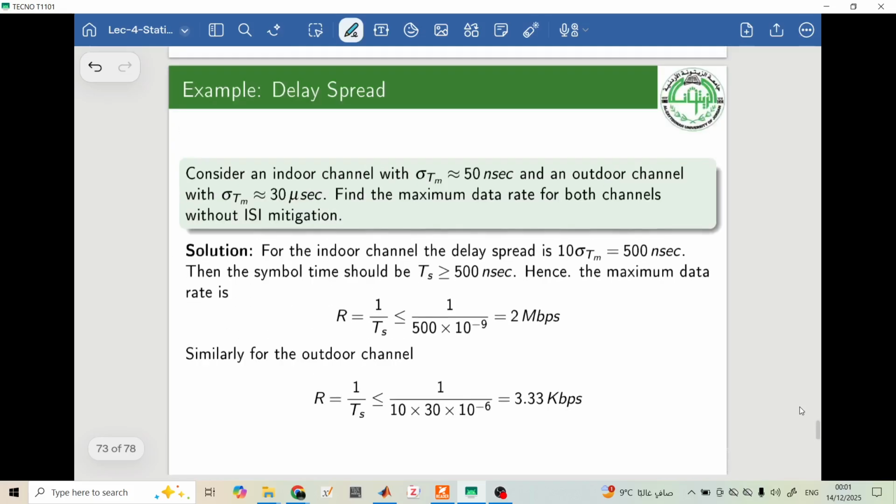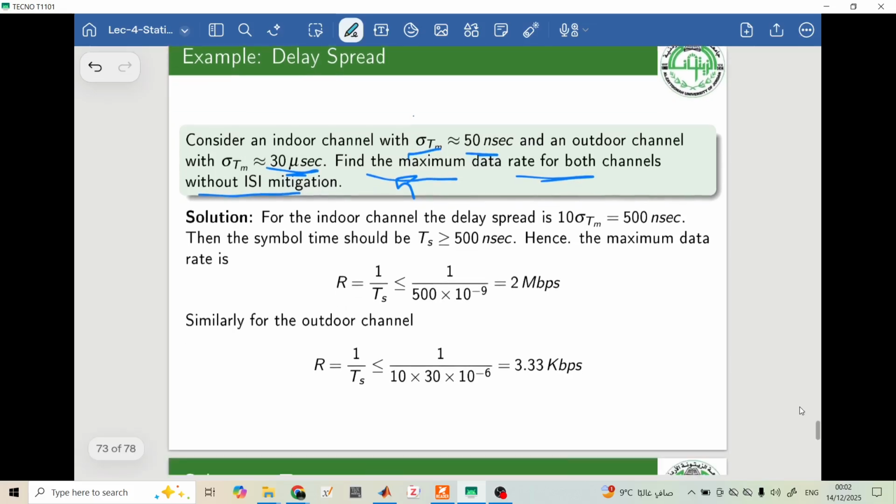Now consider an indoor channel with a sigma Tm equal to 50 nanoseconds and an outdoor channel with 30 microseconds. So the outdoor channel has a sigma that is much larger than the indoor channel, which makes sense, right? Find the maximum data rate for both channels, meaning we want to find the bandwidth so that we don't have ISI. For the indoor channel we need to find 10 times the sigma, which is 500 nanoseconds.